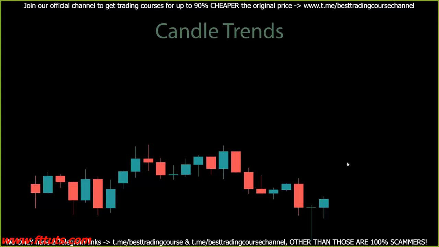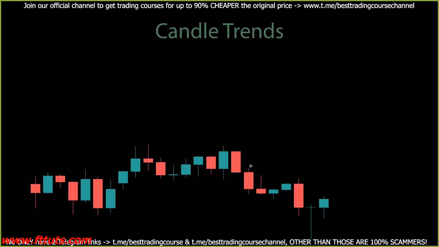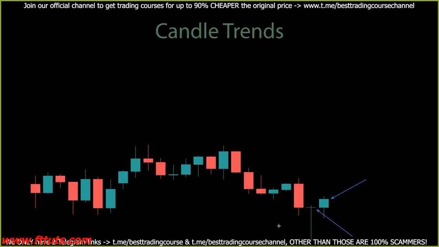Okay, so what's happening at this point? What's the number one thing we see? We see price ranging. Someone said dog shit. That's also good. But first of all, what we see is this candle, then this candle, and then this candle, right?